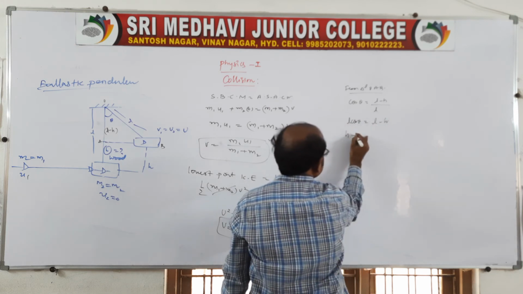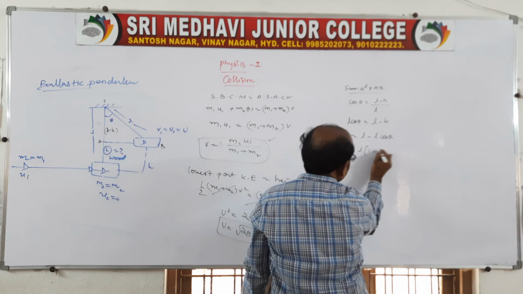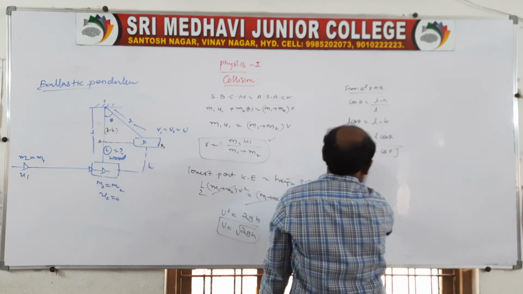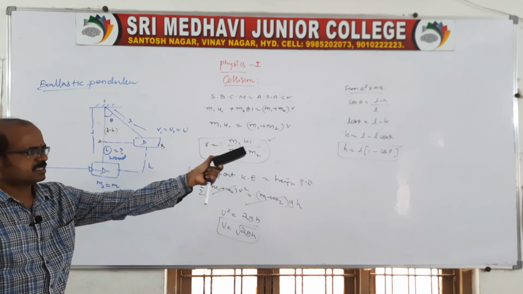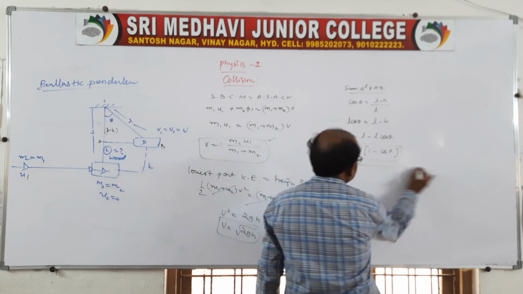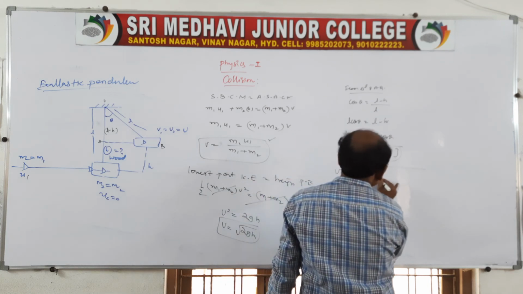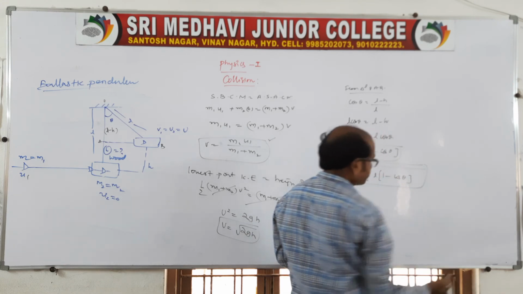From this, h is equal to L minus L cos theta, so h is equal to L(1 minus cos theta). Substituting this h here, the final speed will be root over 2gL(1 minus cos theta). So this is the relation for a ballistic pendulum.